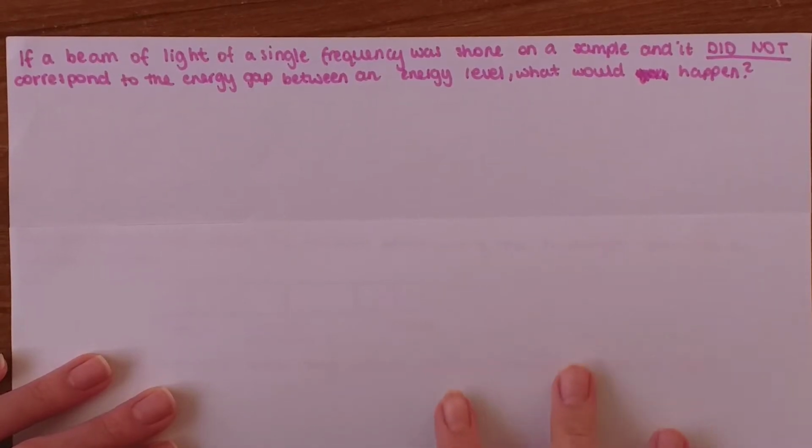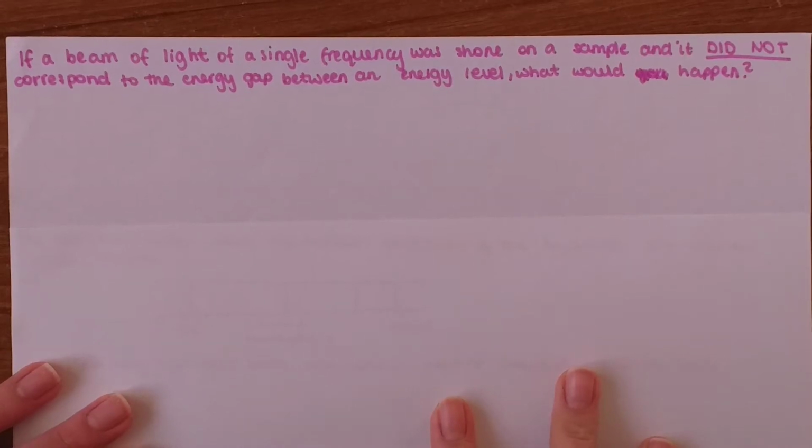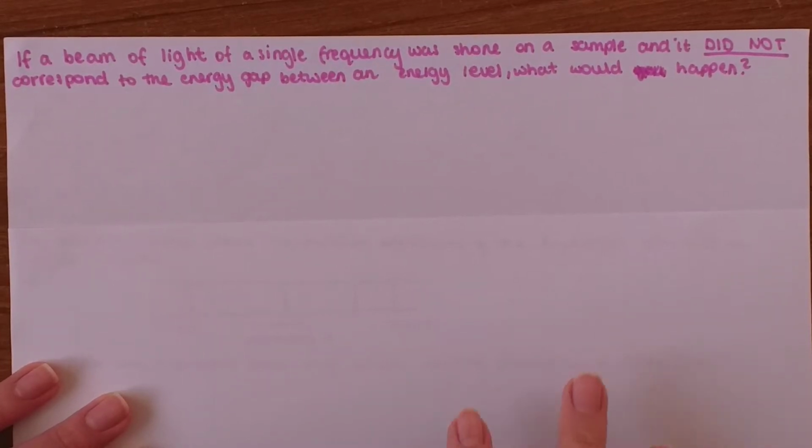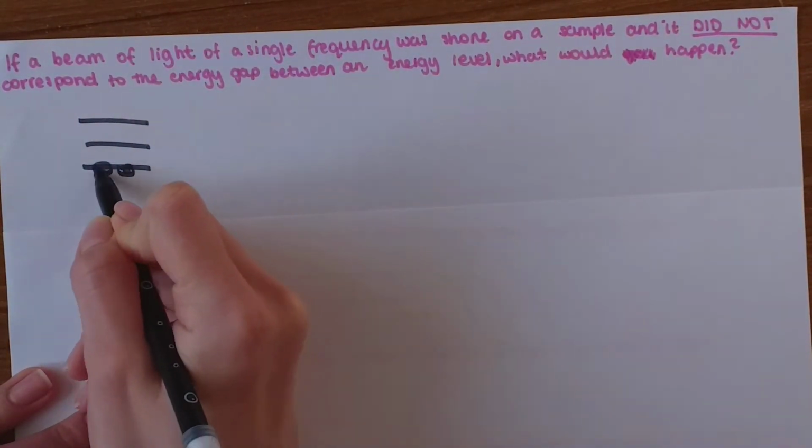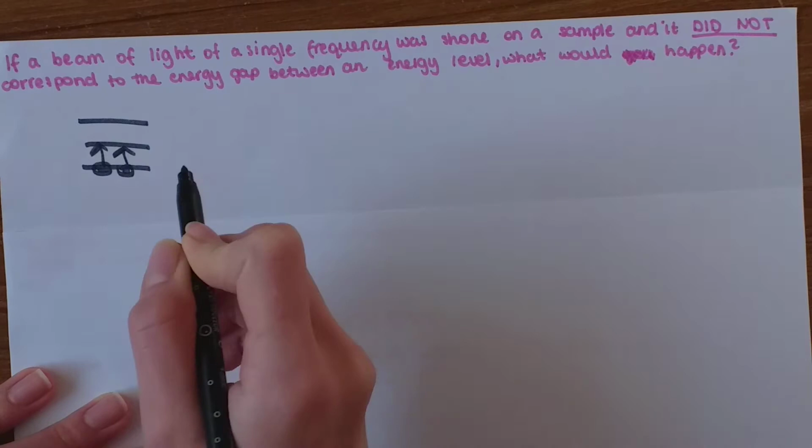And here is our first question. If a beam of light of a single frequency was shone on a sample and it did not correspond to the energy gap between energy levels, what would happen? So basically nothing would happen. For the electron to jump to the higher energy levels, it has to have enough energy.